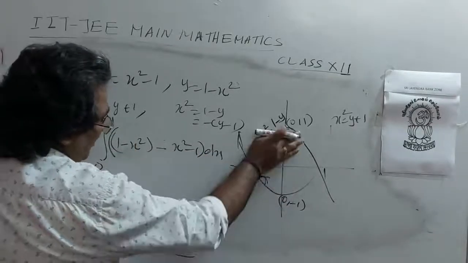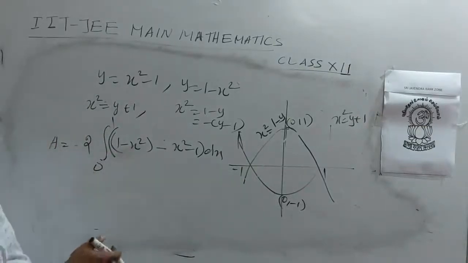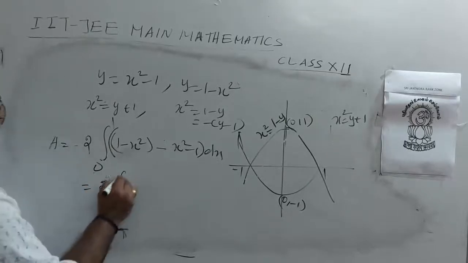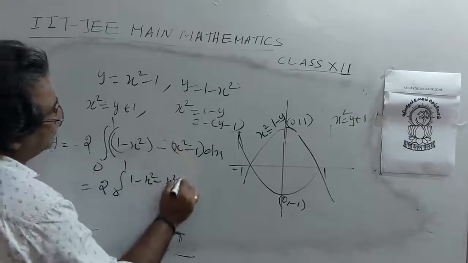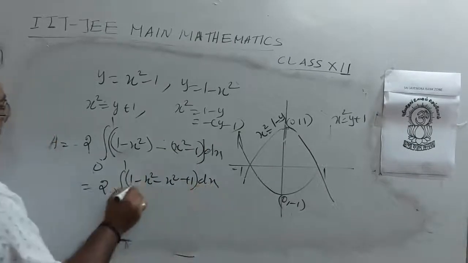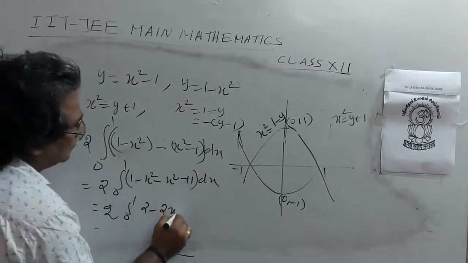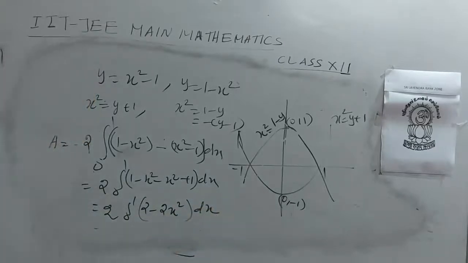So upper portion minus lower portion; area between two curves you have to apply twice. 2 into integral 0 to 1 of (1 minus x squared minus x squared plus 1) dx. Two minus 2x squared dx.